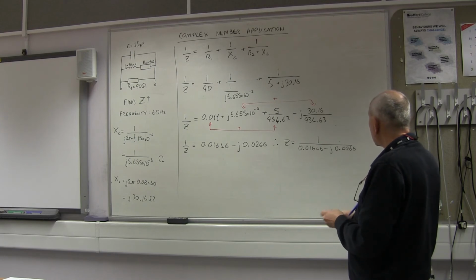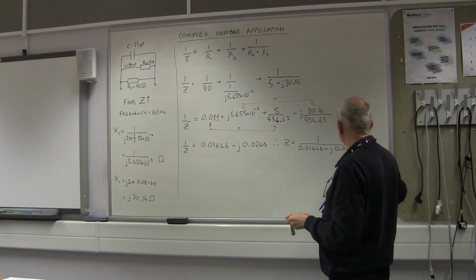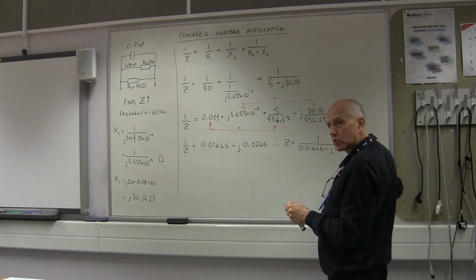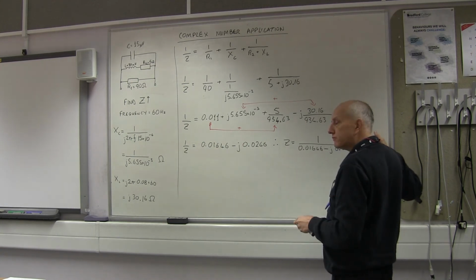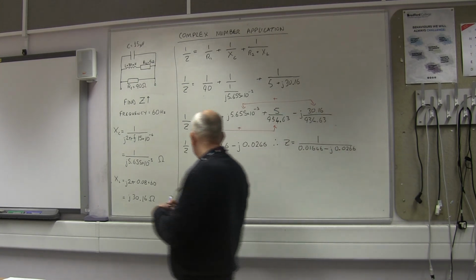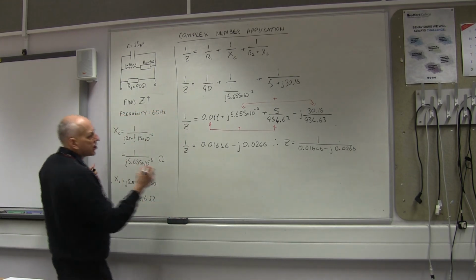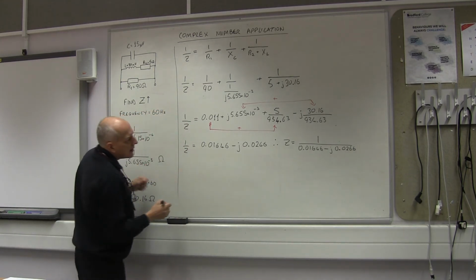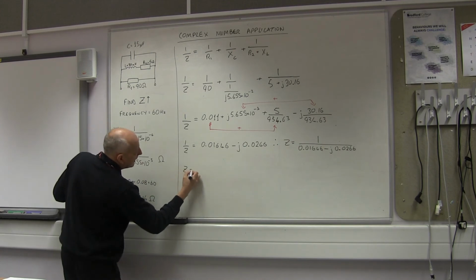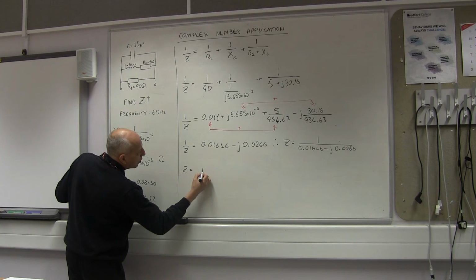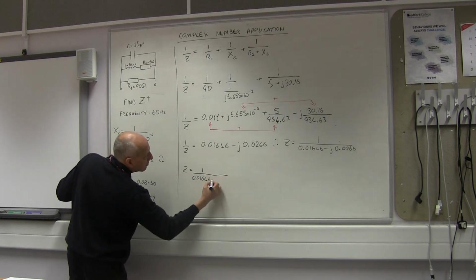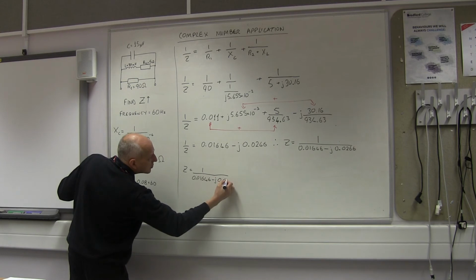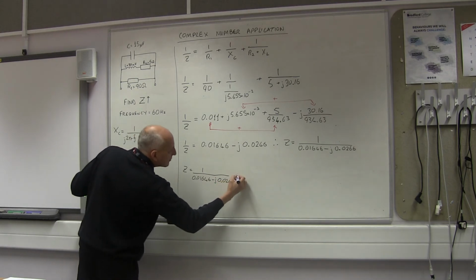Right. So obviously to get Z I have to multiply this by its conjugate again. Do the step again. Not too bad because again you've got 1 times this with a plus on the top. Okay, so let's see if I can squeeze that in without running out of board. So Z's going to equal 1 over 0.01646 minus J 0.0266 times its conjugate.